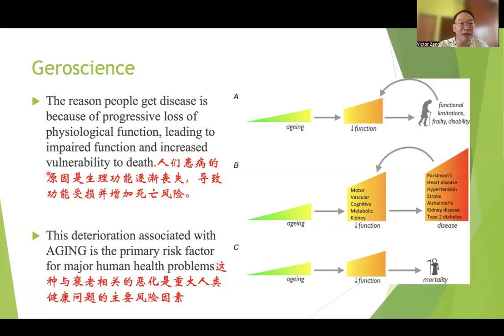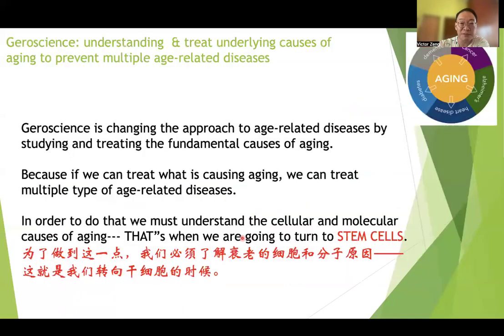This deterioration associated with aging is the primary risk factor for major human health problems. Geroscience aims to understand and treat the underlying causes of aging to prevent multiple age-related diseases.